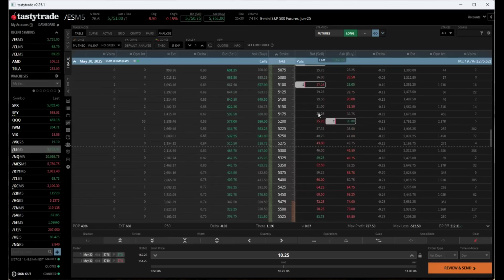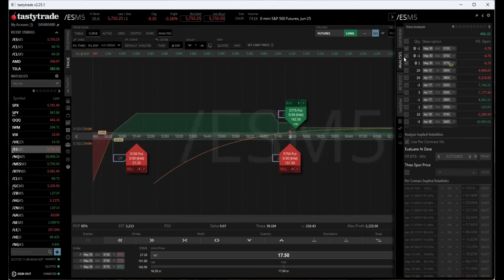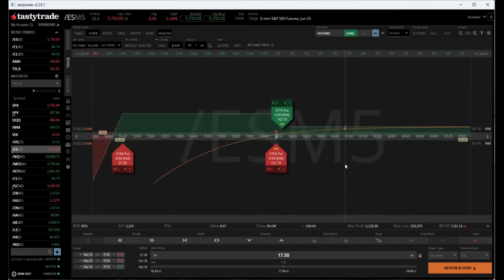And then down, let's just look at that same. All right, so this would be an at the money 111 trade. You're making roughly a little over 10% in the tail in 64 days.